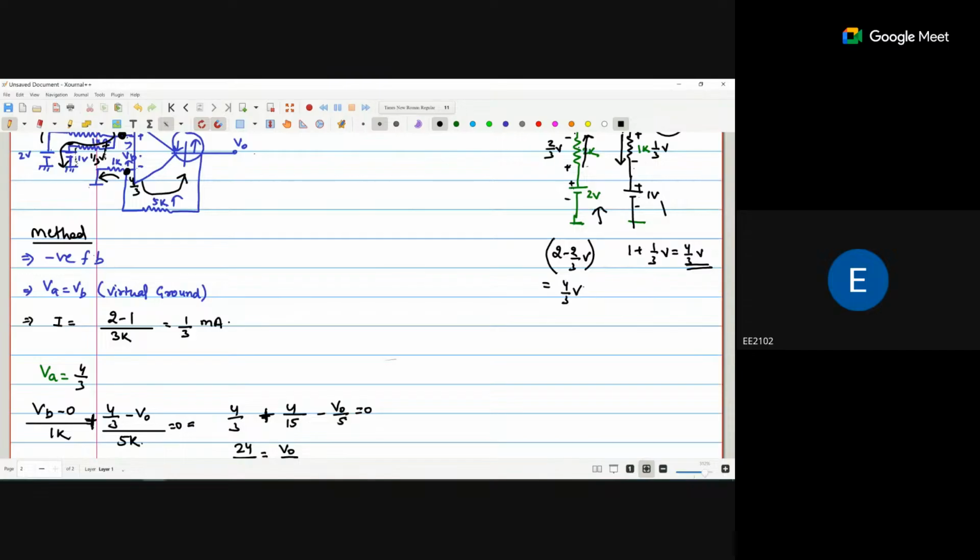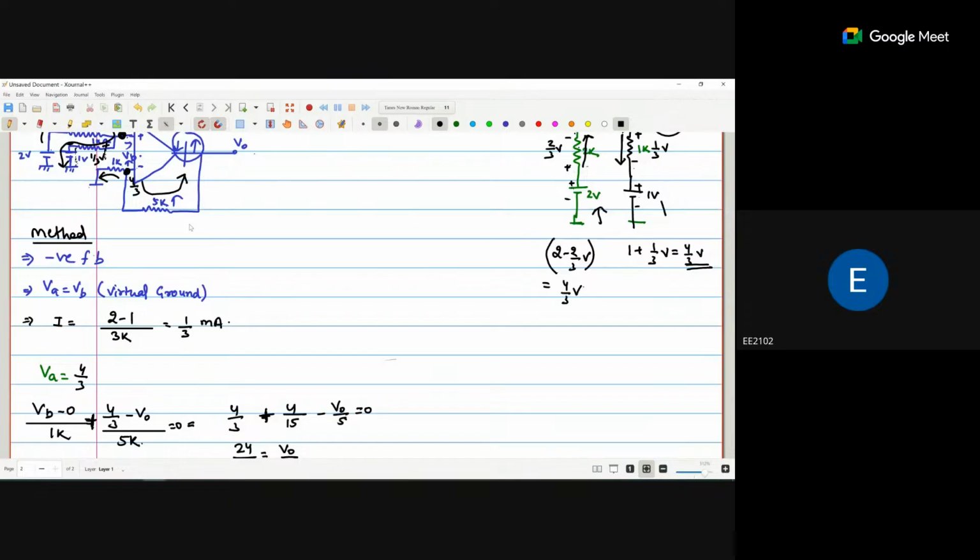Yeah. Now tell me. So in the non-inverting input, why do we consider that current is outgoing only? In the inverting. Sir. Okay, in the inverting, we are saying the current is outgoing. Why are we saying the current is outgoing?